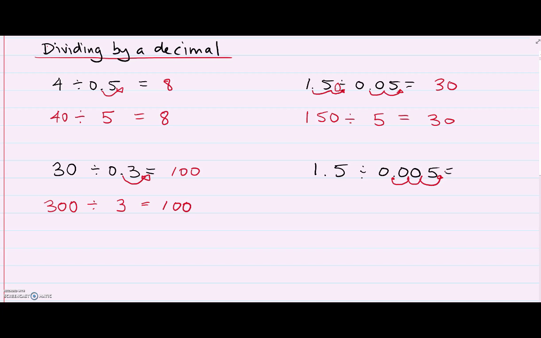Which means I'm going to do the same thing to my first number. This will make 1.5 into 1500, and I'll be dividing by 5. 1500 divided by 5 is 300, which means that 1.5 divided by 0.005 is also 300.